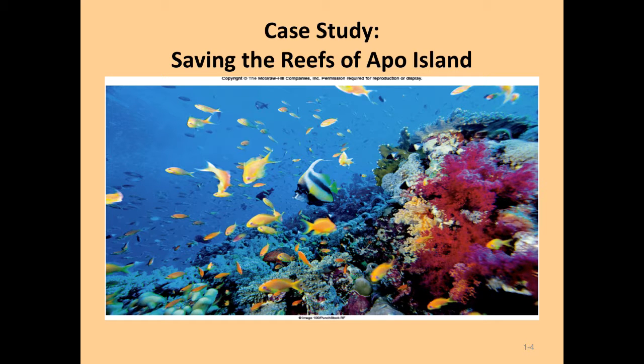The first thing I like about this book is a real quick case study, and it has to do with saving the reefs of Apple Island. Apple Island is an island found in the Asian region, more particularly in the Philippines. The case study tells a quick story about the island and what happened to it.